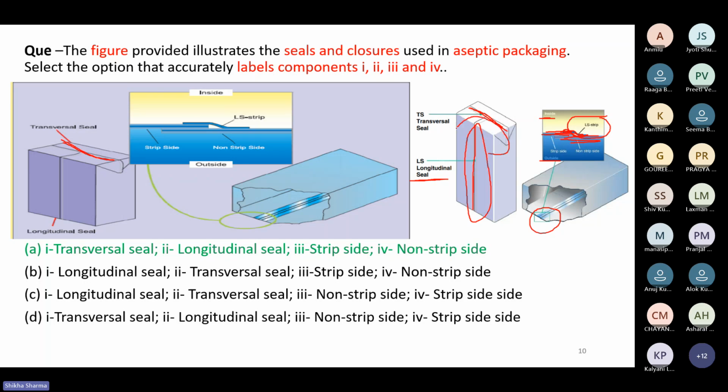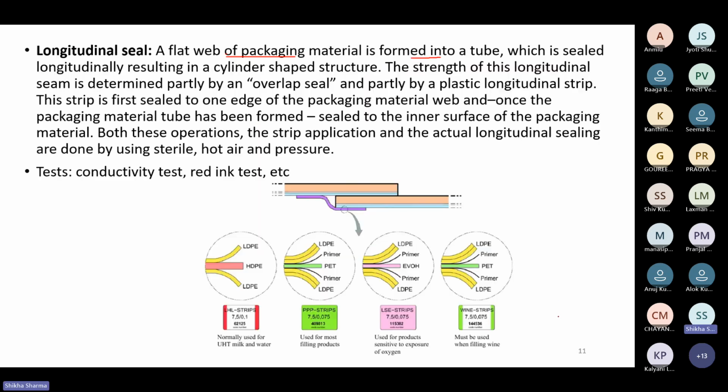If you seal the whole one side of the packaging material like this, it will be cylindrical, or tube kind of. If you seal this side, it will be tubular like that. So a flat web of packaging material is formed into a tube which is sealed longitudinally, resulting in a cylindrical shaped structure.